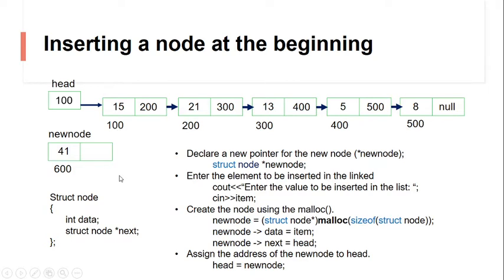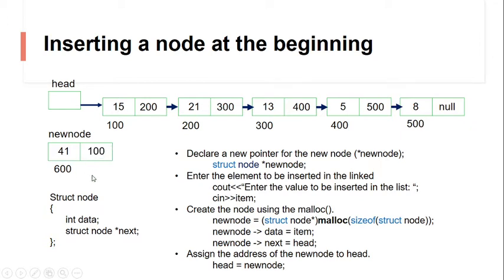Let's click on it, and the head will now become 600, as we have here in inserting the node at the beginning. So head will now be changed to a new value, which will become 600, and the new node's next will be 100, specifying that 15 was previously the first node.